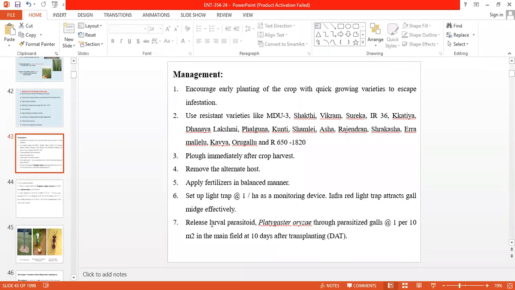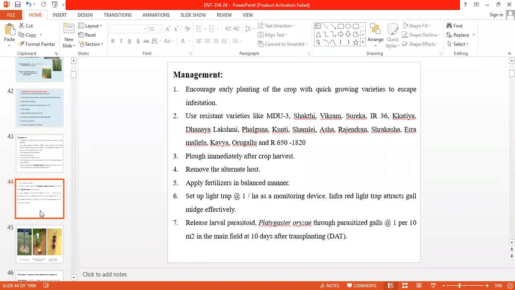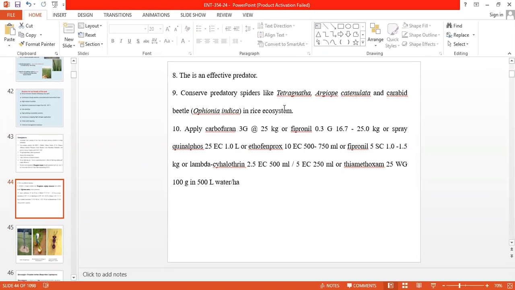Platygaster oryzae is the larval parasitoid. Conserve spiders like Tetragnatha, Argiope, Catenulata, and carabid beetles in the rice ecosystem.